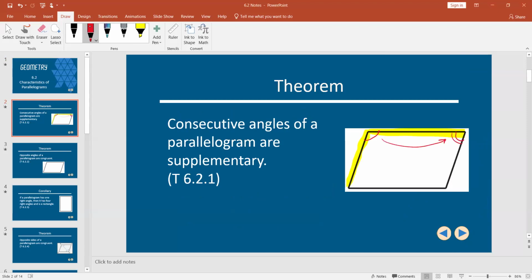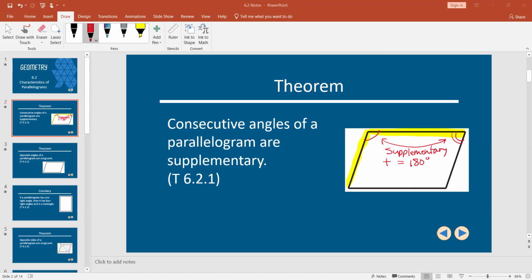So these two angles together are consecutive, therefore they are supplementary, which means that their sum, when you add them together, equals 180 degrees.